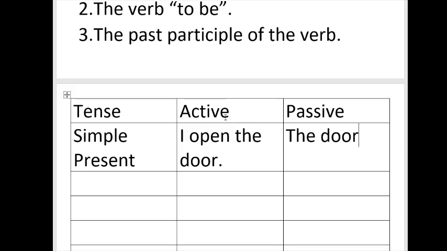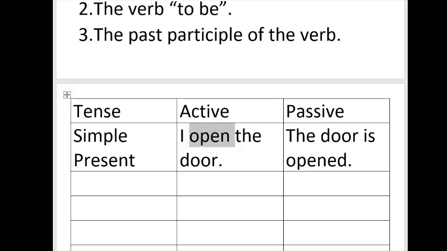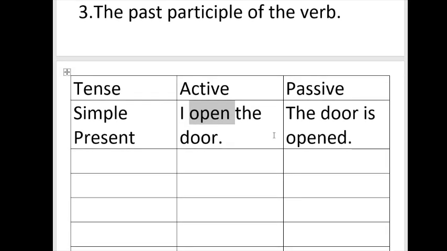We add the verb to be in the same tense as the verb in the active. We have a simple present so we put is. Then we add the past participle of the verb, open. So that is the simple present. Now let's move to the present continuous.